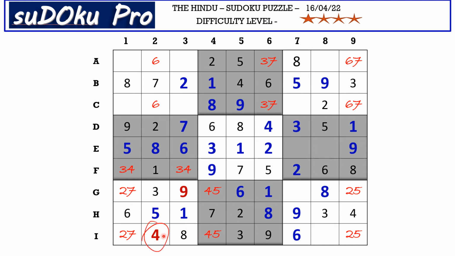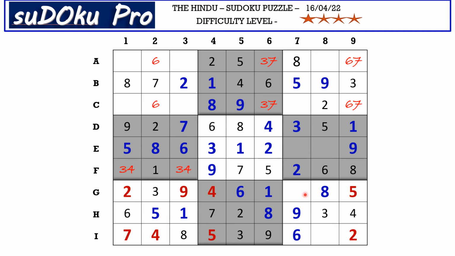Because of this 4, I4 becomes 5 and G4 becomes 4. So because of this 5 here, this 5 gets cancelled out and I9 takes 2 and G9 takes 5. Because of this 2 here, I1 takes 7 and G1 takes 2.